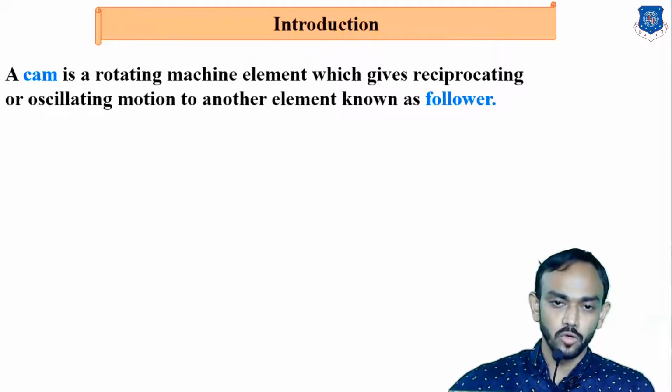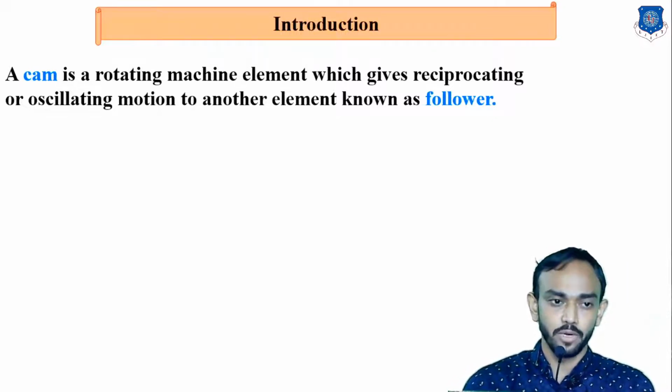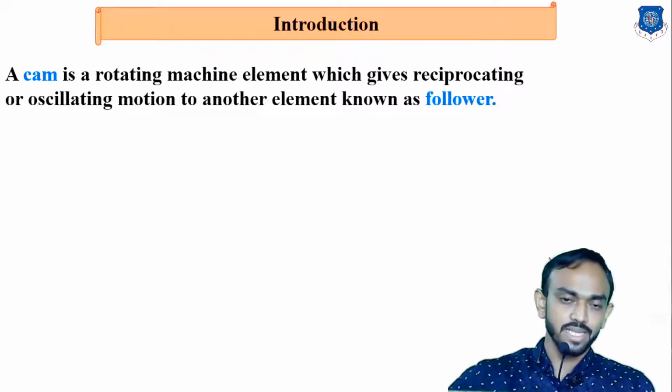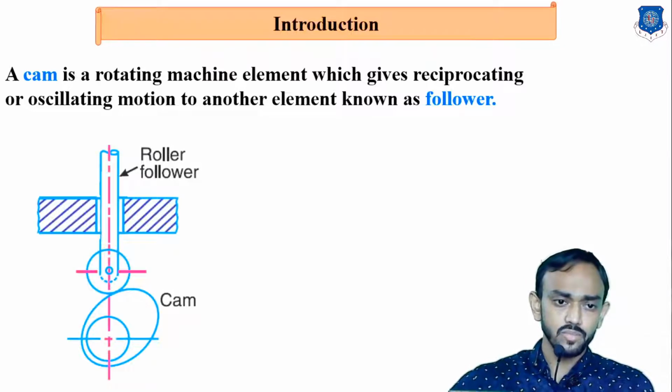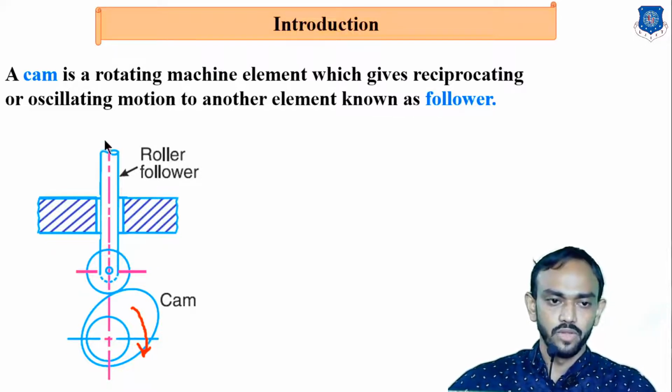First of all, what is a CAM and follower, how is it used, and what is the output of using this CAM and follower? CAM is a rotating machine element which gives reciprocating or oscillating motion to another element. It means CAM is a rotary element which gives reciprocating motion. You can see here, if this CAM is rotating in this direction, the follower will reciprocate in this slot.